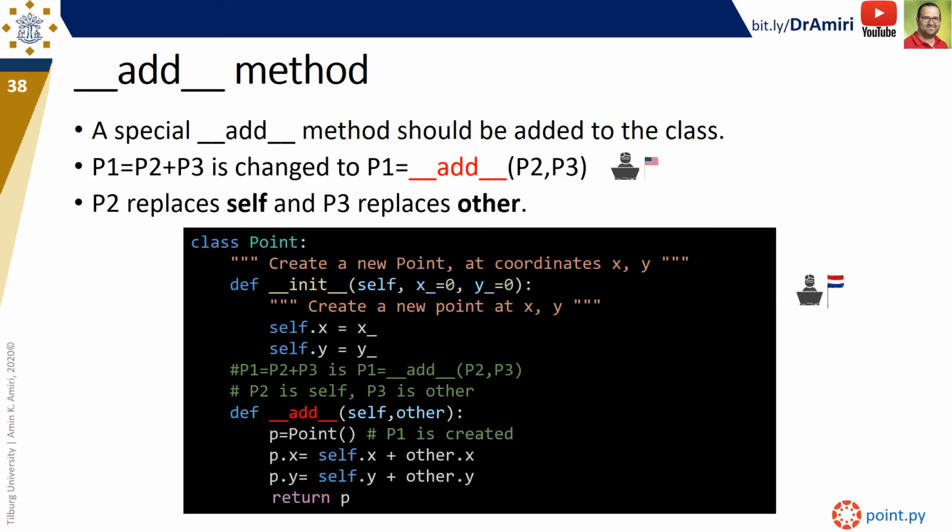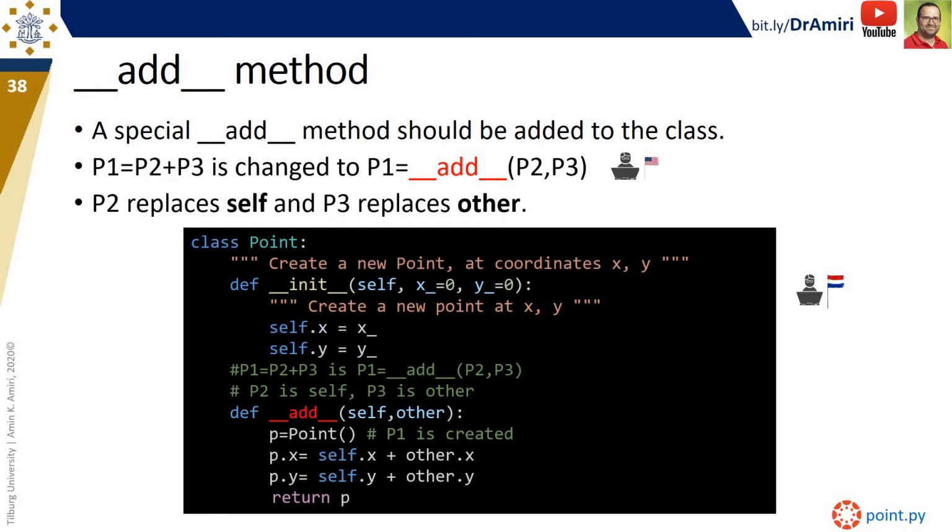So we have to add a special method __add__ to the class Point for this to happen. But note that Python will change the plus operator to an __add__ call. This __add__ has two arguments: the operand right before the plus sign and the operand right after the plus sign.